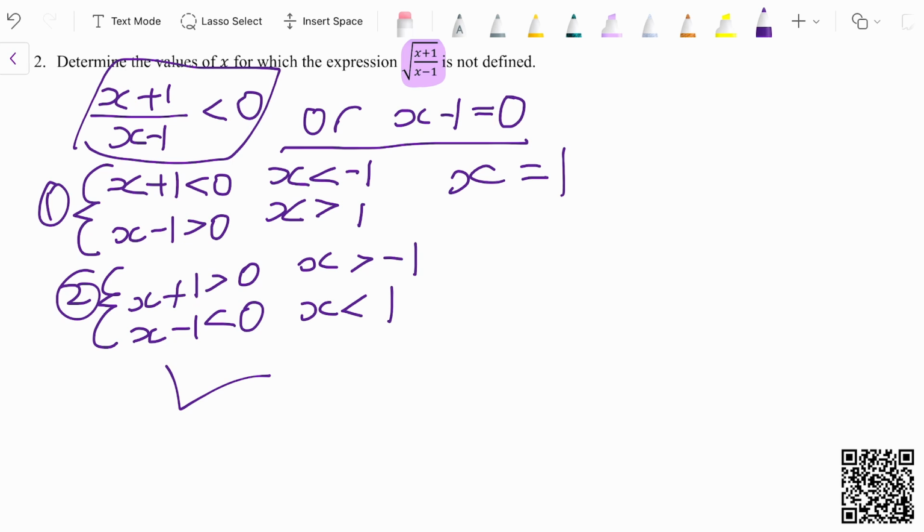Keeping x greater than negative 1, it cannot equal or be greater than 1, so x is less than or equal to 1. This is when the expression is not defined. These are the things they basically have to meet.